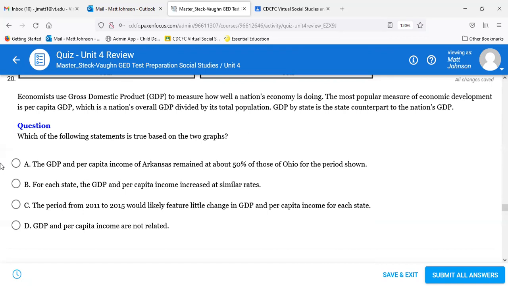B, for each state, the GDP and per capita income increased at similar rates. C, the period from 2011 to 2050 could likely feature little change in GDP and per capita income for each state. D, GDP and per capita income are not related.